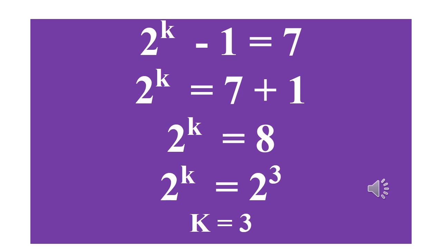Also, since 2 raised to power k minus 1 equals 7, if we add 1 to both sides, we have 2 raised to power k equals 8. Then if we simplify 8 further to 2 raised to power 3, we have 2 raised to power k equals 2 raised to power 3. Since they have the same base, we can cancel out the 2, then k equals 3.